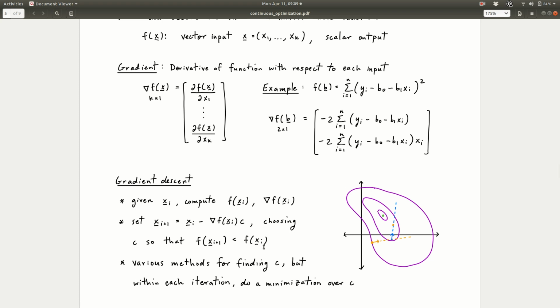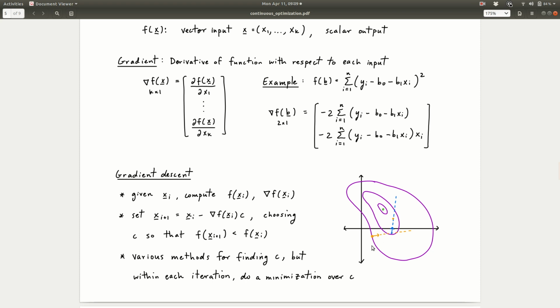But essentially what it comes down to is for each iteration, you do a one-dimensional minimization over this amount to move, c. So the idea is here, you're trying to move downhill on each step. And eventually, if you keep moving downhill, you're going to get closer and closer to the minimum. And then you stop when your gradient gets close to 0 or the function stops getting smaller.